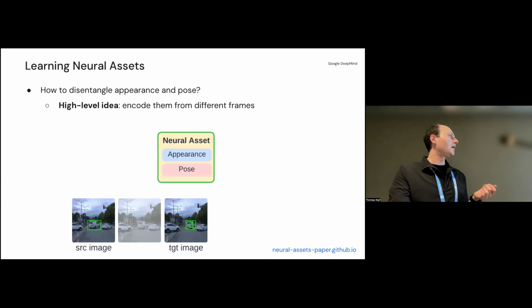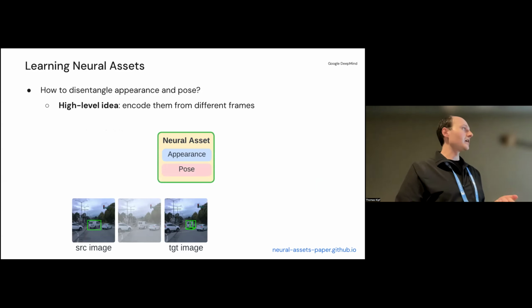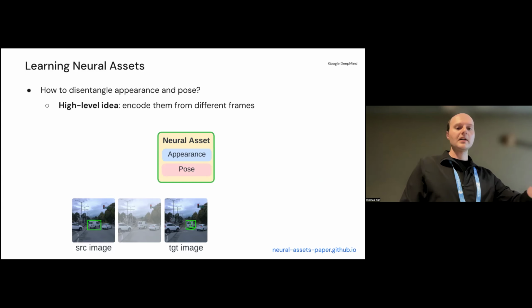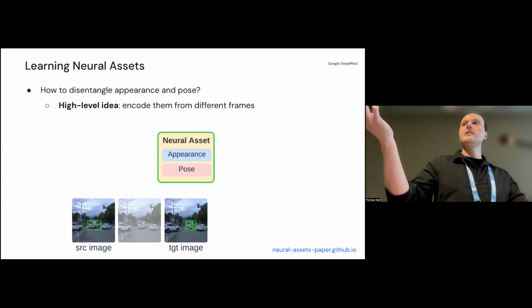And so the question is now, how do we disentangle appearance and pose? The high-level idea is to encode these different aspects from different frames. So we have, for example, a source image where we take a bounding box around a car, like this van here, and we have a target image where we now want to take the pose of this van in the new image.